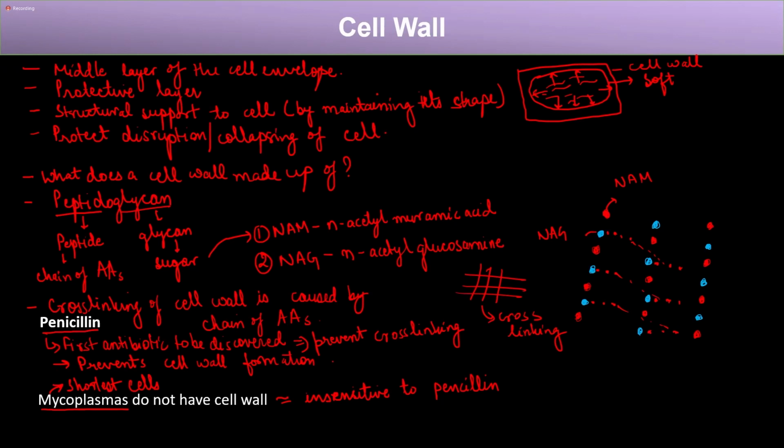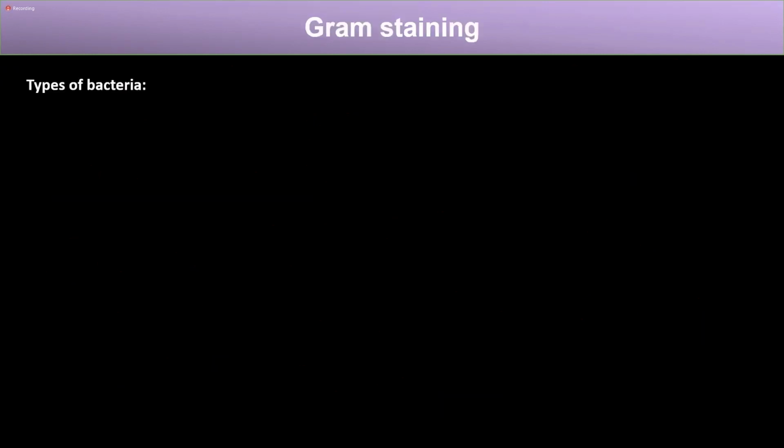So in this lecture, we understood the major function of the cell wall and the components which together make the cell wall. Now, it has been mentioned in the NCERT that bacteria are divided into two types. On what basis?